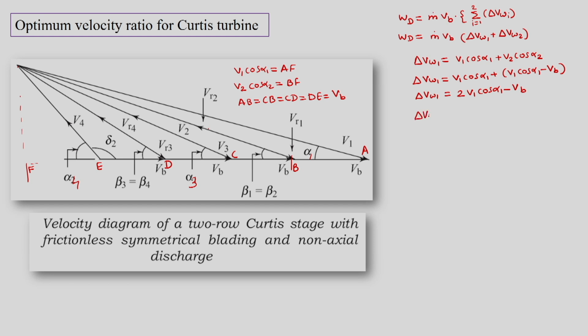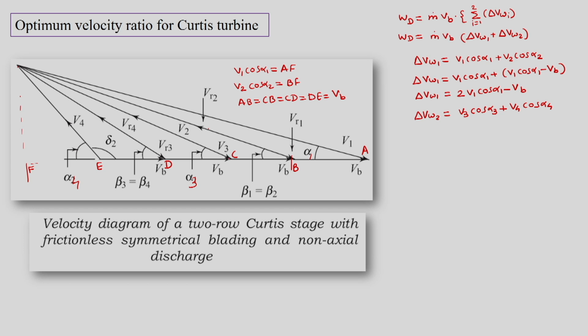Similarly, we can write down delta VW2, which is equal to V3 cos alpha 3 plus V4 cos alpha 4.